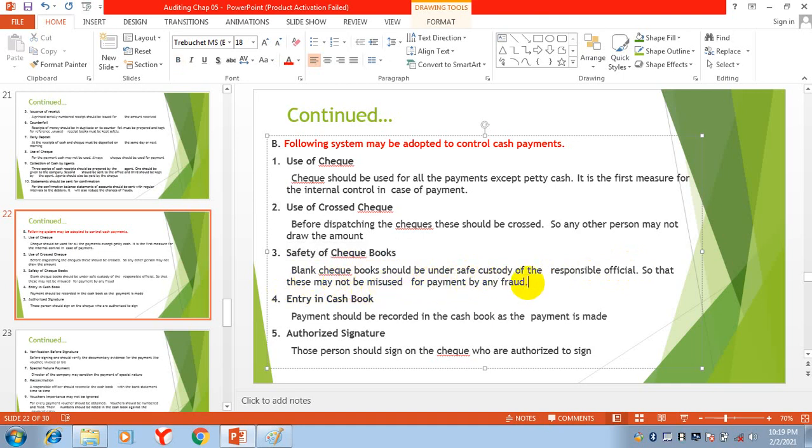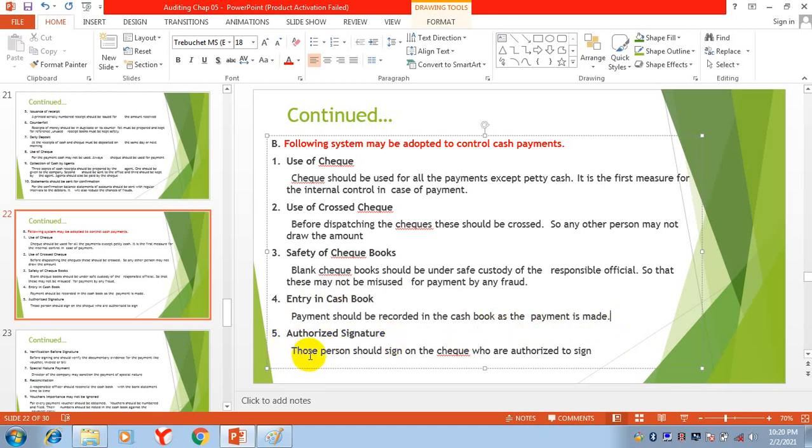Entry in cash book. Payment should be recorded in the cash book as payment is made. On time, you will record the entry in the cash book. One is the cash receipt book and one is the cash payment book, so you will record this entry in the cash payment book.